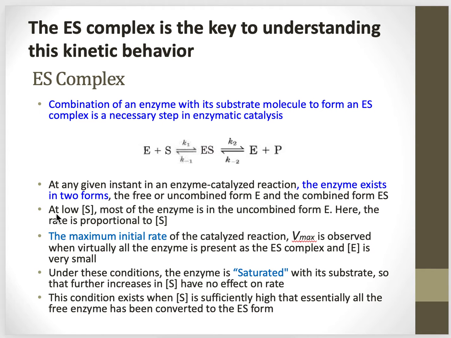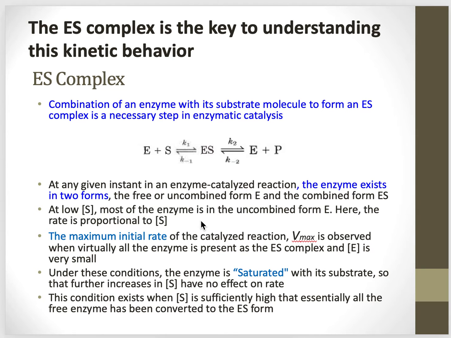At low substrate concentration, most of the enzyme will be in the combined ES form. That means if substrate concentration is low, most of the enzyme will be in the ES form. In this case, the rate of the reaction will be proportional to substrate concentration.